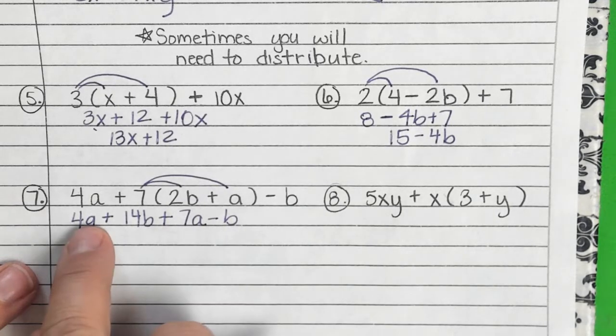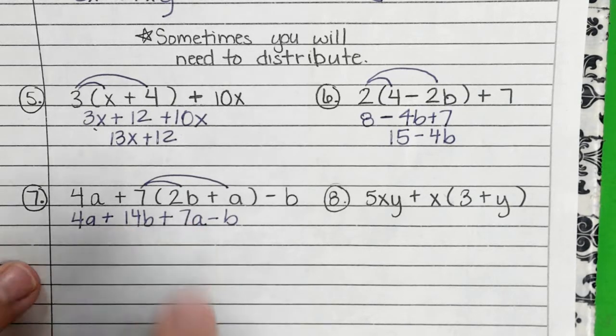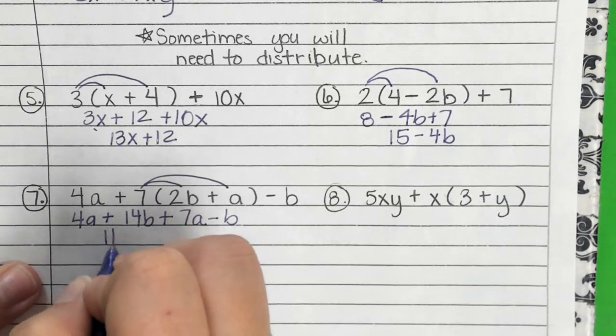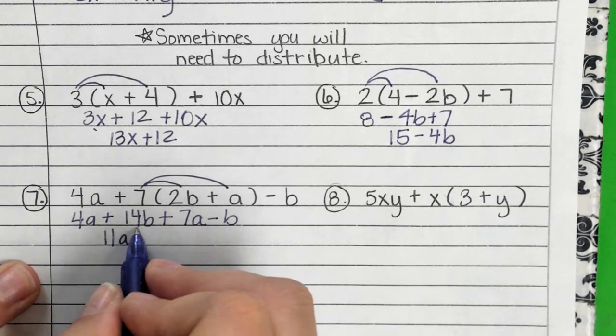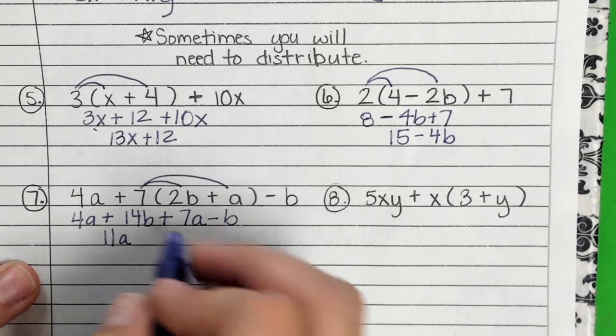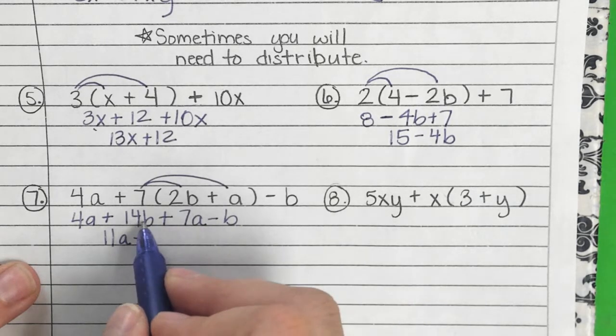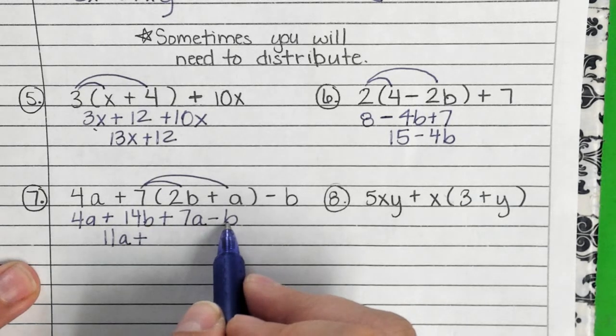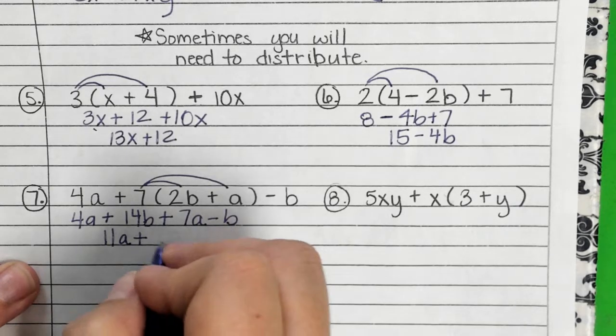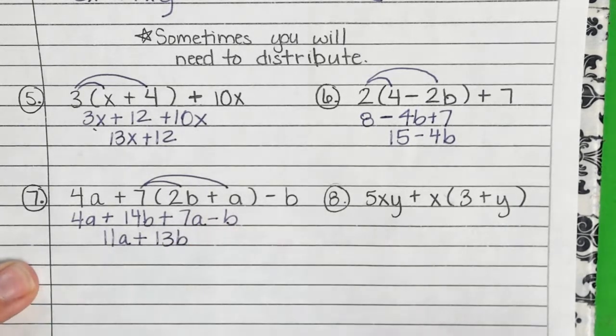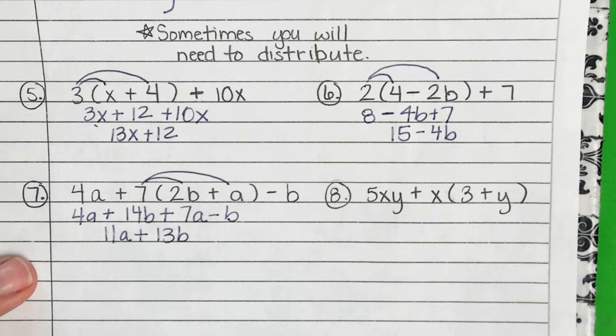Do you have anything that matches 4a? 7a, so that becomes 11a. Okay, then I have 14b minus b, so that becomes what? Here we go, we're combining minus b, 13b. So 11a plus 13b.